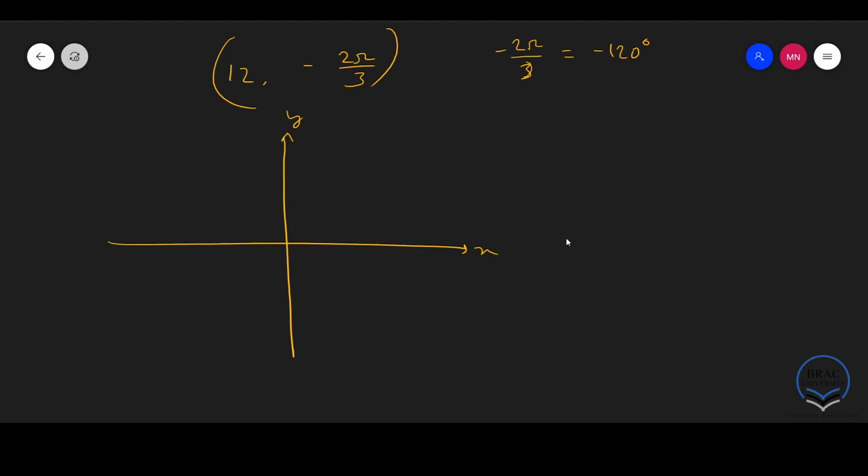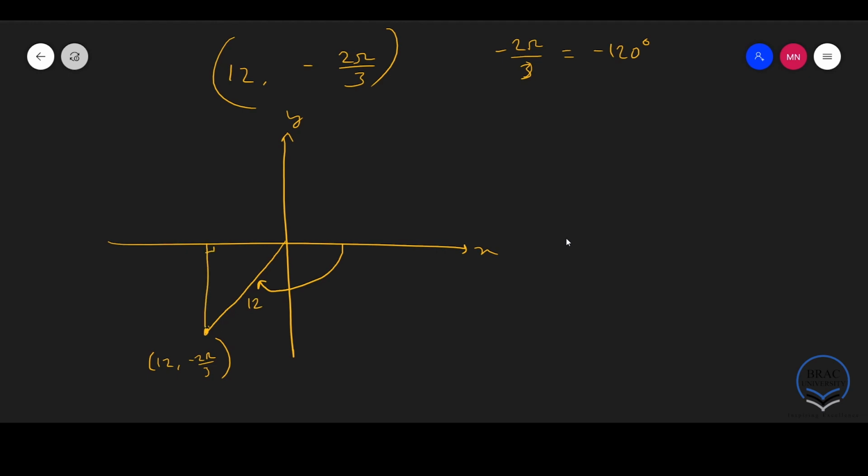So if I rotate clockwise, I should have a point in my third quadrant. If I rotate clockwise by 120 degrees, I will have some point here, and this will have the coordinates 12, minus 2 pi by 3 in polar coordinates. And the length of the hypotenuse will be 12 units.